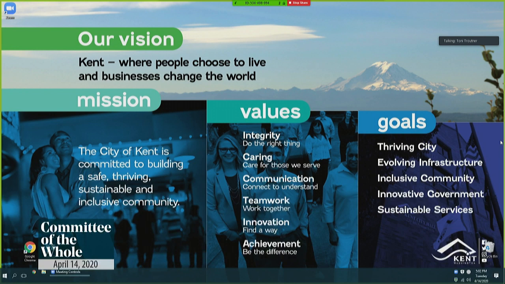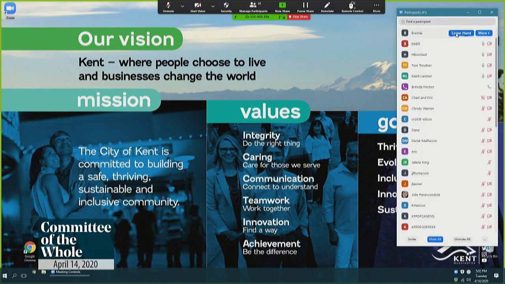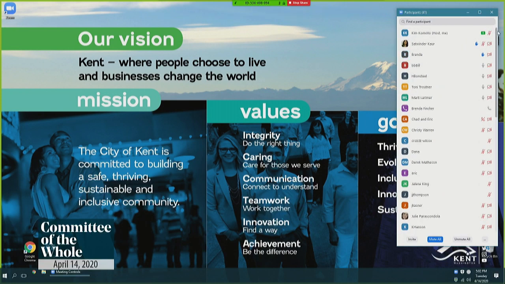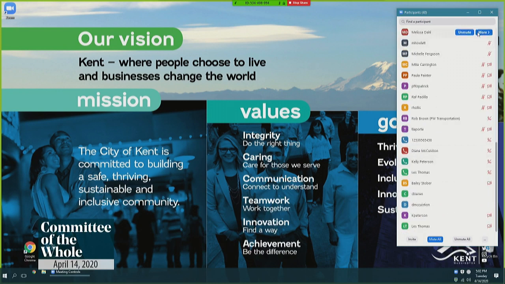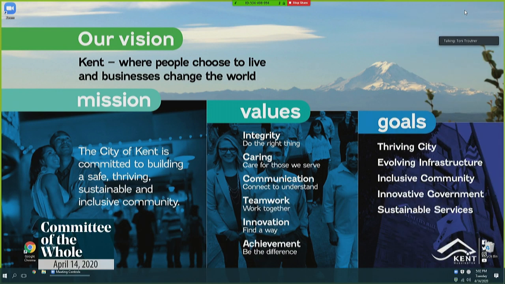Councilmember Thomas, are you okay putting this forward as it is? So I will wait for his mic to come up. Councilmember Michaud, are you okay moving this forward as it is?